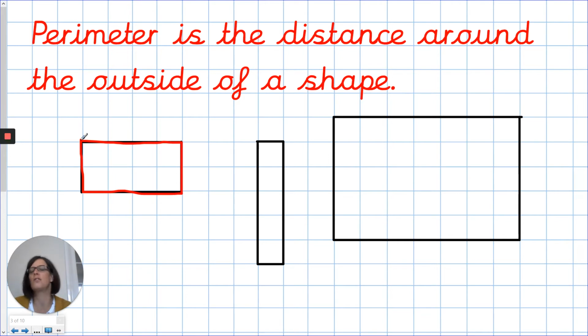If I count up the perimeter of this shape, I can see that it passes through 1, 2, 3, 4, 5, 6, 7, 8, 9, 10, 11, 12 squares around my grid. So the perimeter of this shape is 12 squares because there were 12 squares around the outside of the shape.